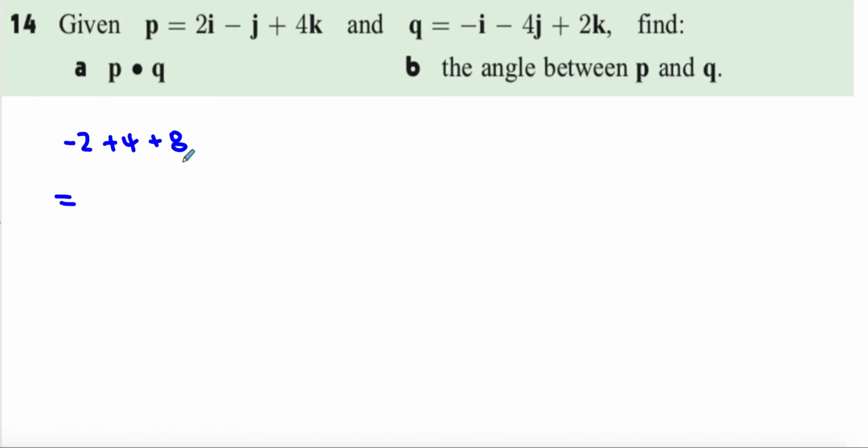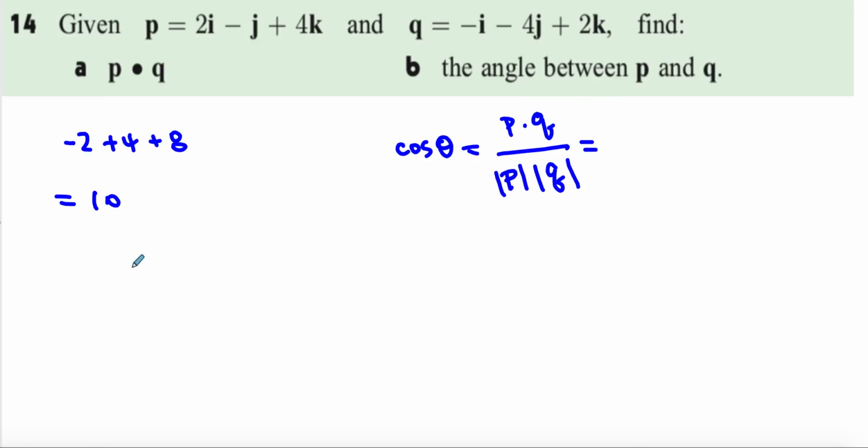So we end up getting 10. P dot Q is 10. They want us to find the angle between them, so we know that cosine of the angle between them is P dot Q over magnitude of P times magnitude of Q. So then here, what do we end up getting? P dot Q, we already have done it as 10.